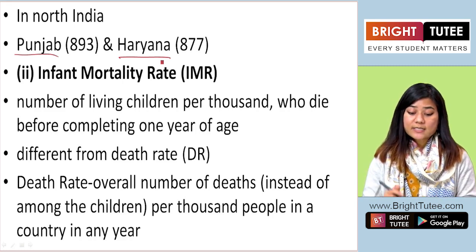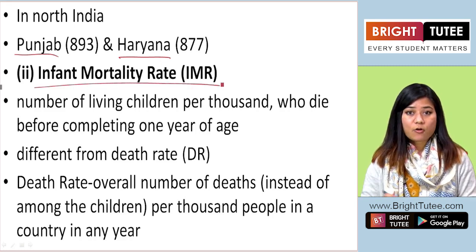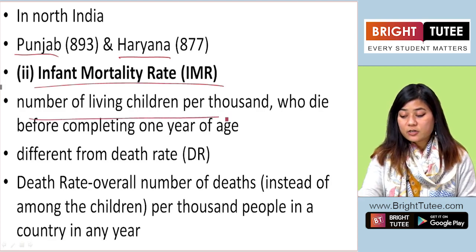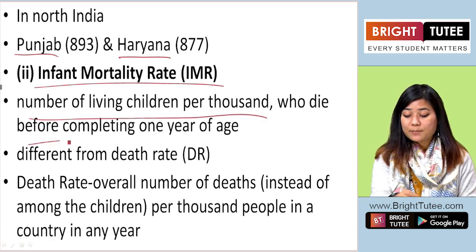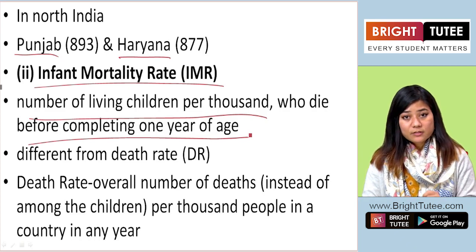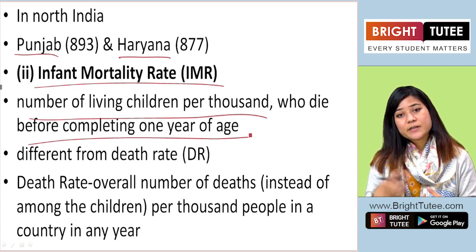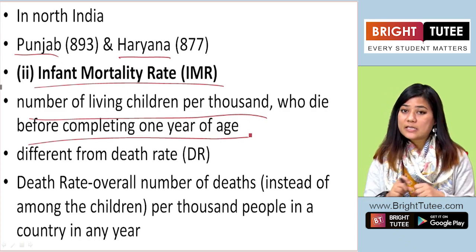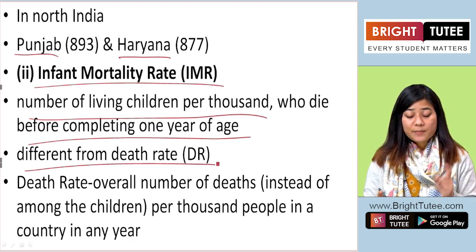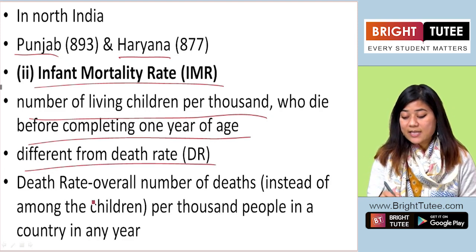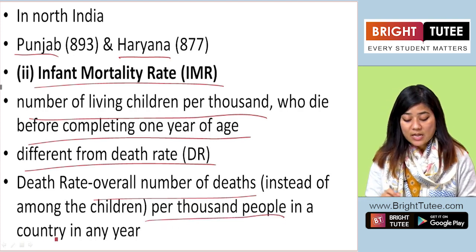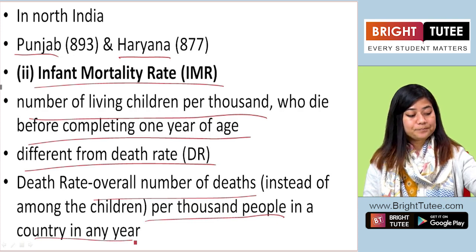Now another indicator is the infant mortality rate, or IMR. Infant mortality rate is the number of living children per thousand who die before completing 1 year of age. Infant mortality rate sounds very similar to death rate, but there is a difference, because the death rate is the overall number of deaths per thousand people in a country in any year.